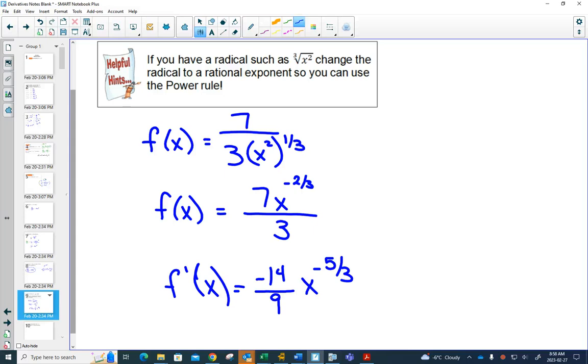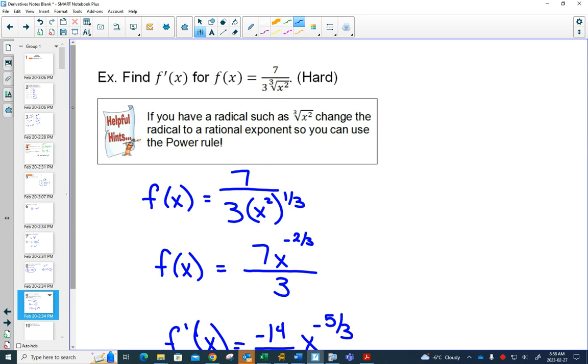This is a good one, though, to reflect upon and imagine the definition of the derivative. You would have to do the limit as h goes to 0. You'd have h on the bottom, and you'd have to plug in x plus h where the x is. So on the bottom there, you'd have x plus h. It'd have to get squared.